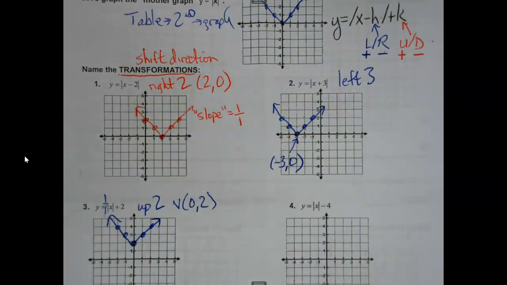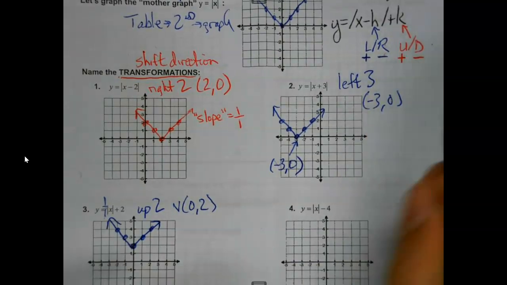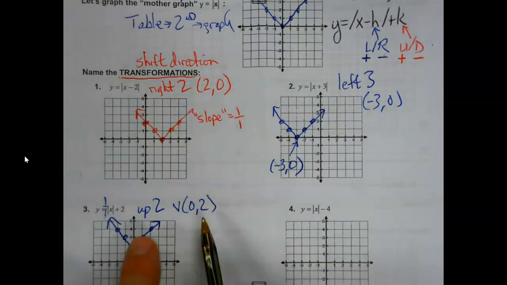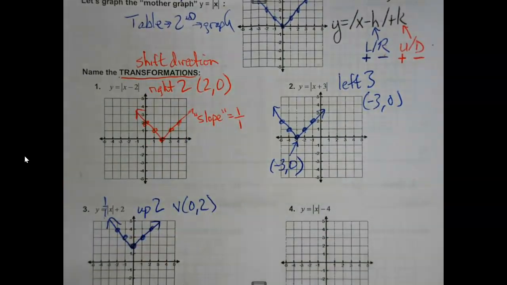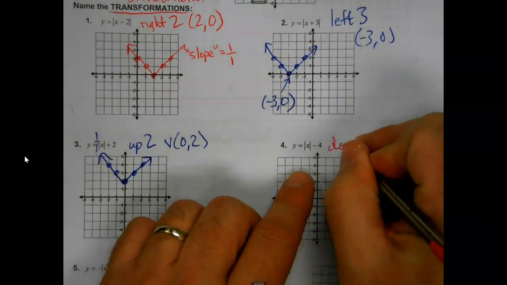So we start to make connections between what direction I go, how that moves my vertex, but then the A value just keeps right on going with it. So here's what I want you to try for a little minute. Try to graph number 4 based on what we've done, especially using number 3 as a helper.